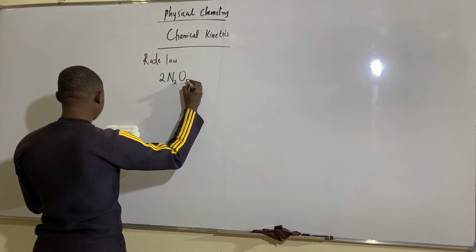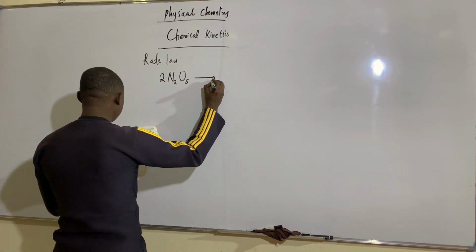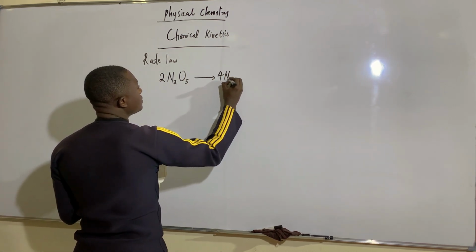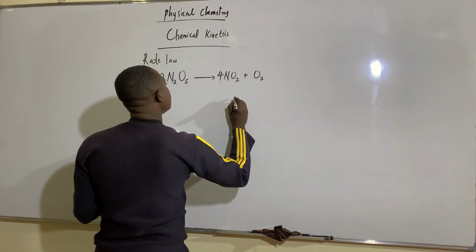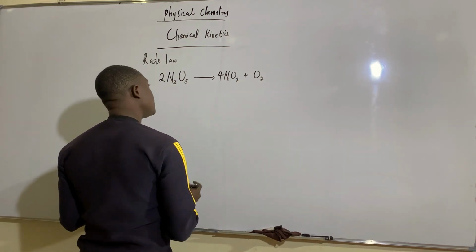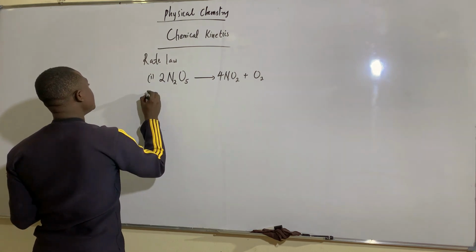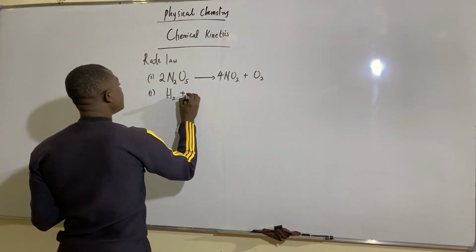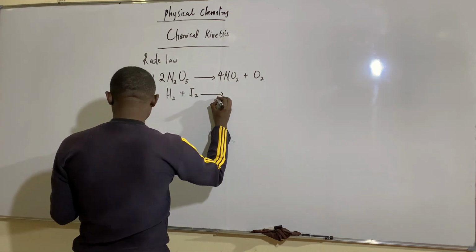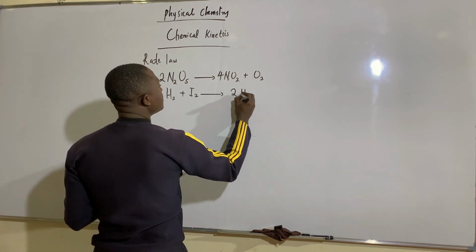N2O5. So I was asked to write the rate law for this. 2 hydrogen gas plus iodine gas gives 2 hydrogen iodide.